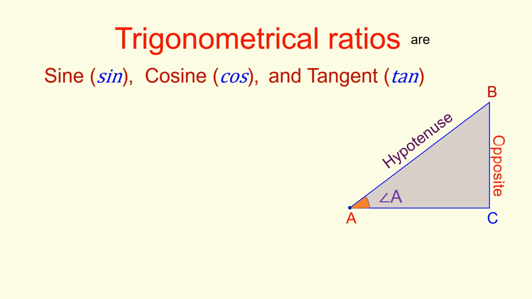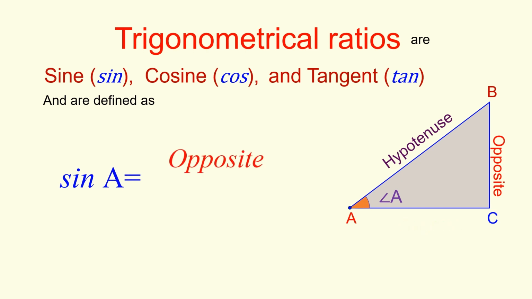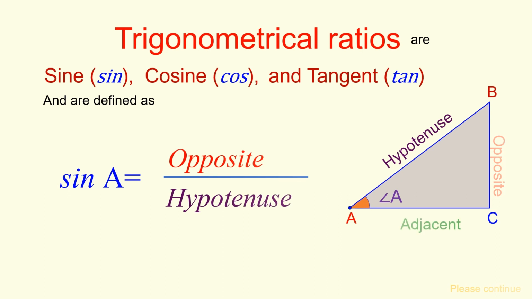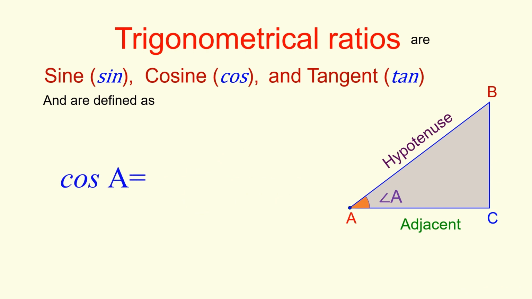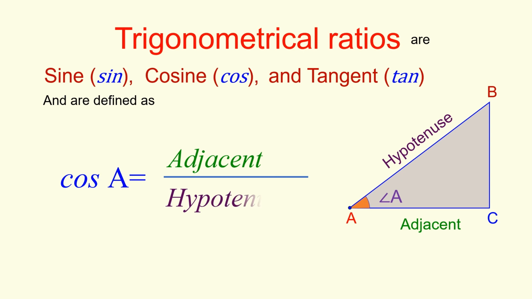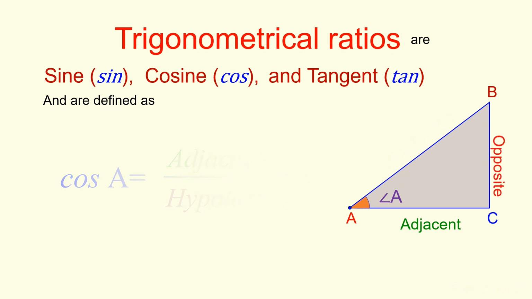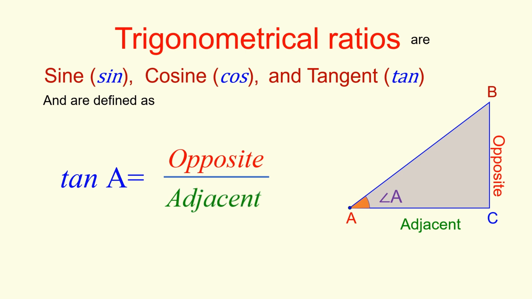In short, we write them as sin, cos, and tan, and are defined as sin A equals opposite, divided by hypotenuse. Cosine A equals adjacent, divided by hypotenuse. And tangent A equals opposite, divided by adjacent.